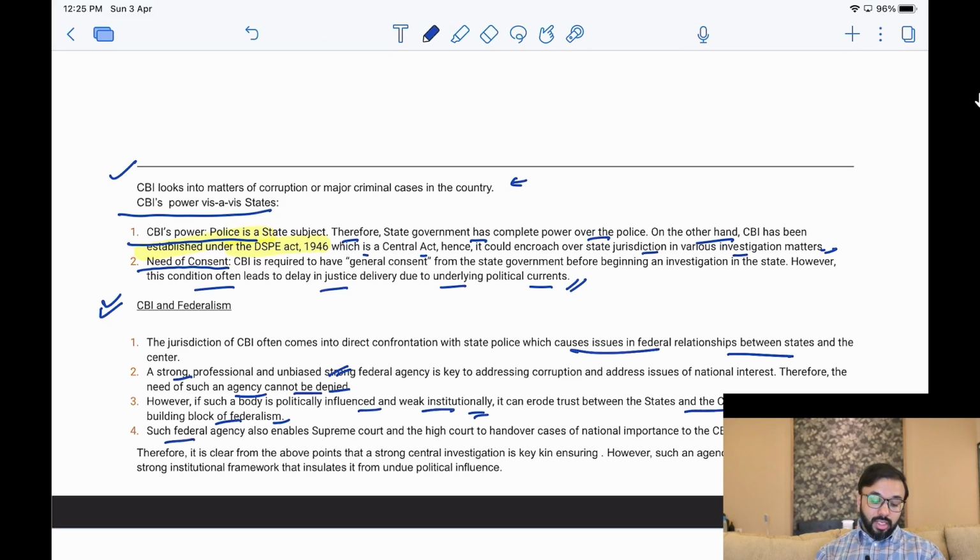And finally, such federal agencies also enable Supreme Court and the High Court to hand over cases of national importance to CBI. So even states have the power, because they can hand over cases to CBI to conduct investigation, which really helps them to investigate cases that need a lot of professionalism.